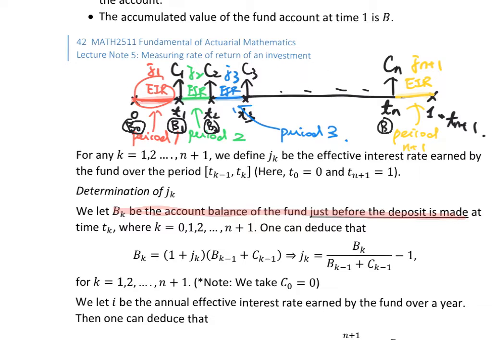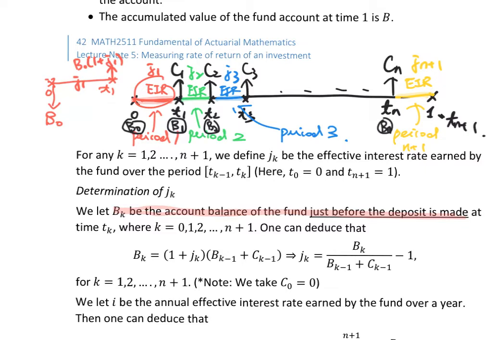Now, with this notation, let us use that to get my J1, J2, J3. First of all, let us start with J1, which is the EIR over the period from 0 to T1. Remember, initially the account balance is B0, and at time T1 it will grow to B0 times 1 plus J1, if the EIR is J1.